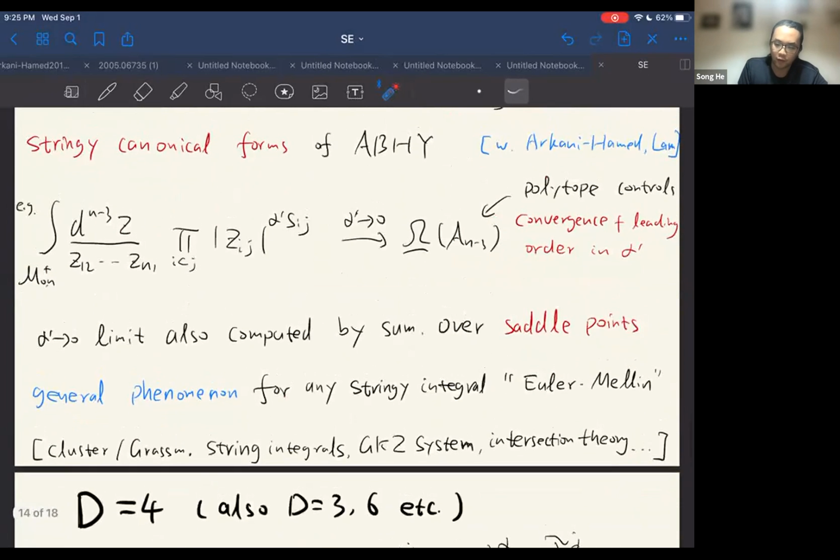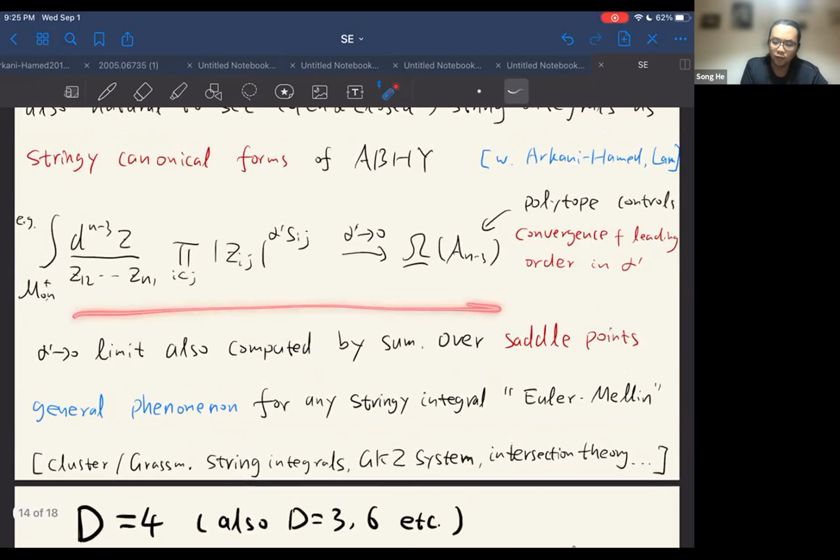What we found with Nima and Thomas Lam is that this is a rather general phenomenon for any stringy integral, also sometimes known as Euler-Mellin integrals, which appear in many contexts. I believe it's also what you do. This Mellin transform also appears in transforming amplitudes into celestial amplitudes, but the pre-image of this transformation is different here.